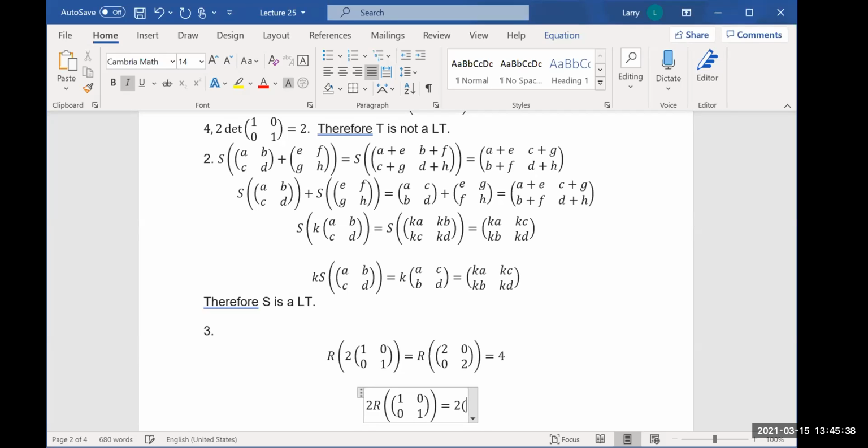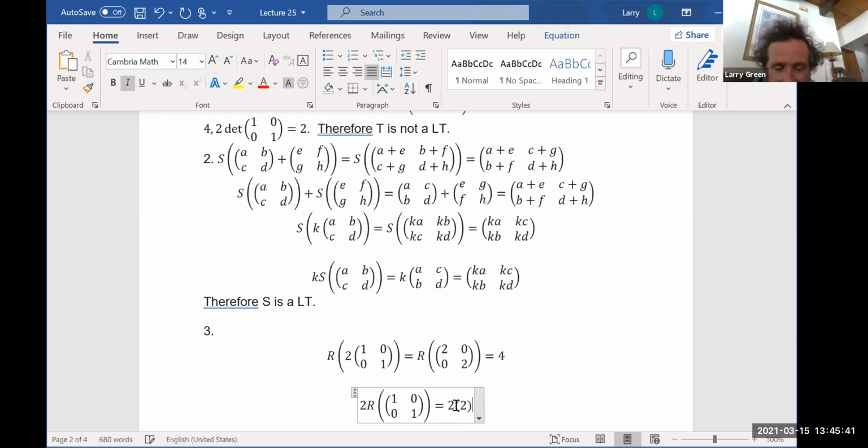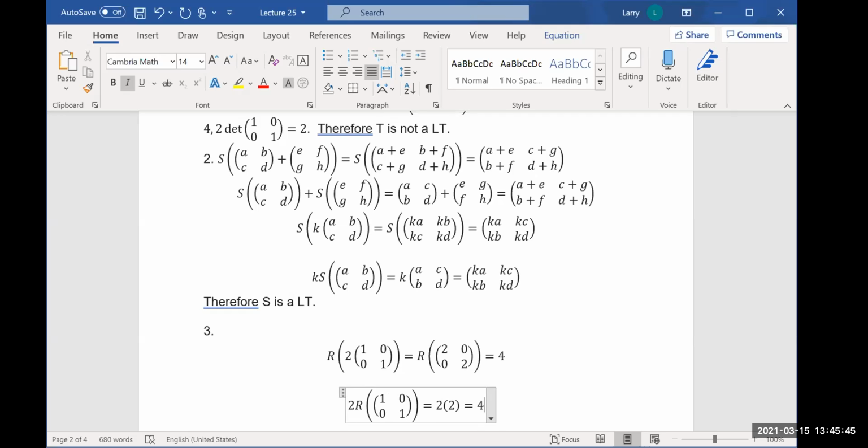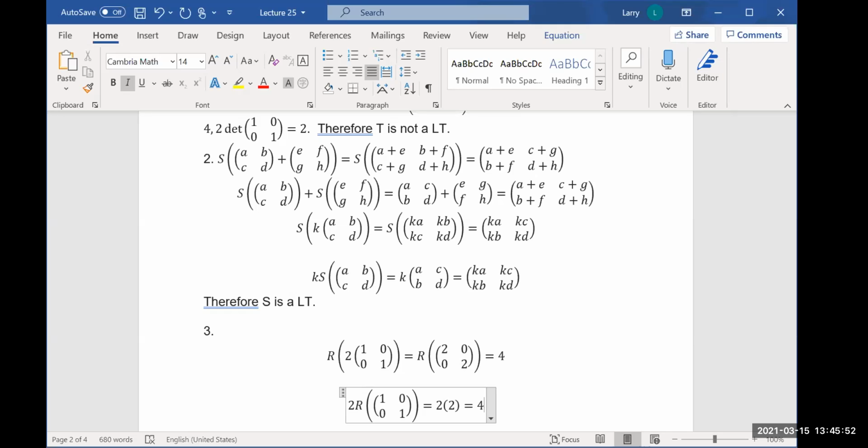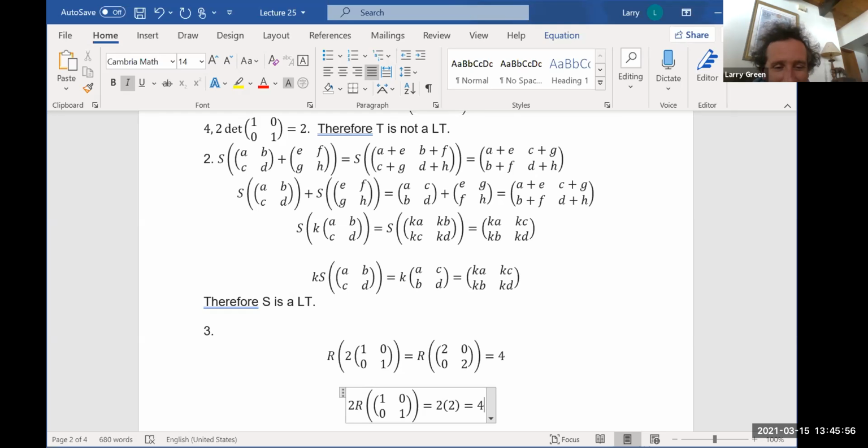That's 2. What's 2 times 2? That's 4. And are we done? No. Did we prove that it's not a linear transformation? No. Did we prove that it is a linear transformation? No. Okay, that one didn't work.